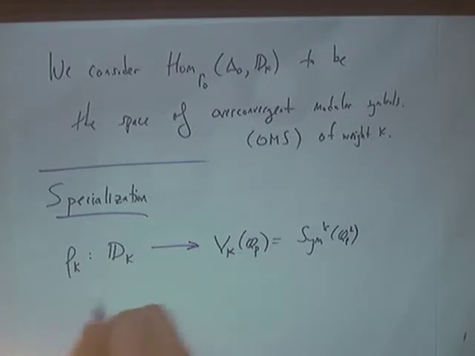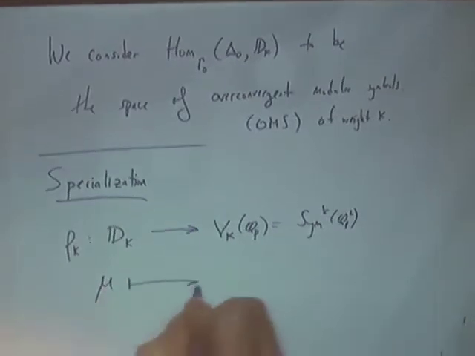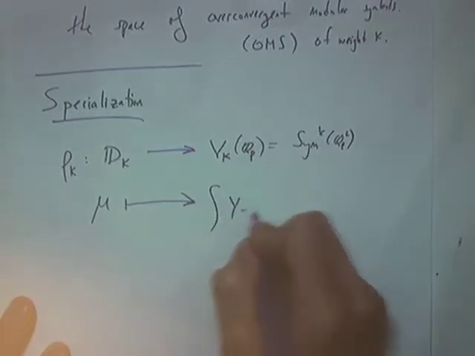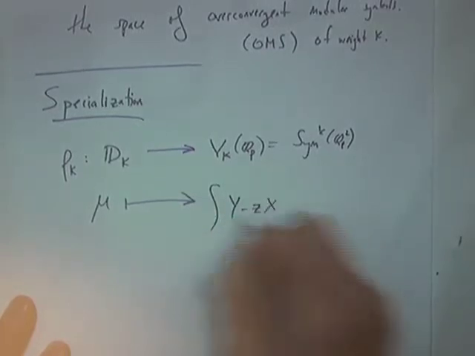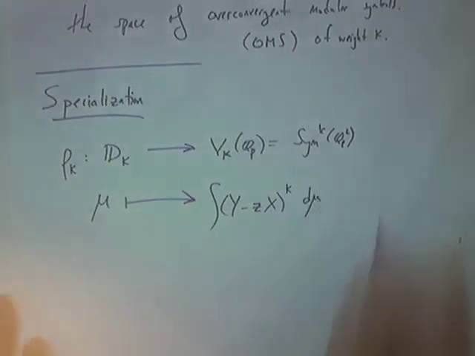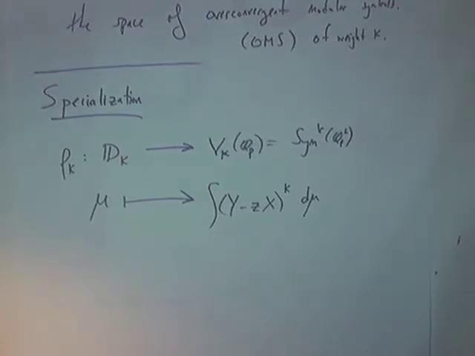And here's the map. I take my distribution mu, and I map it to the integral of y minus zx to the k d mu. And what does this mean? Remember, the integration is just formal, and in fact, those x and y's are just formal placeholders. It just means binomial expand it out and integrate each coefficient.